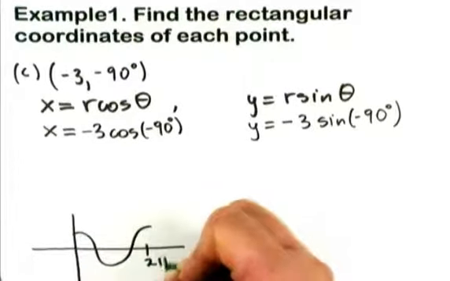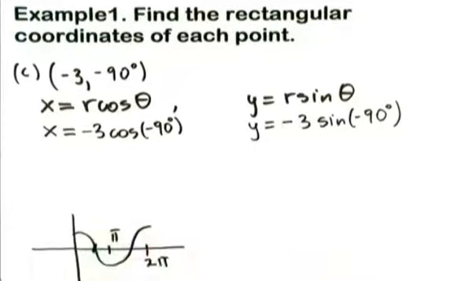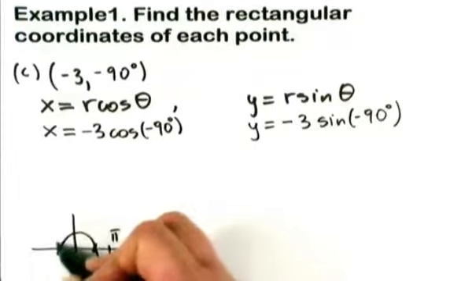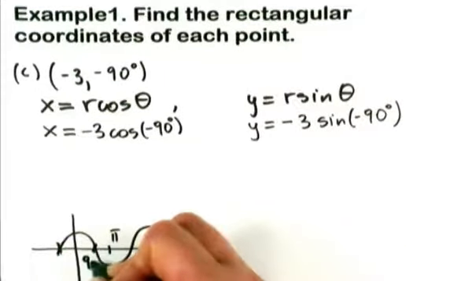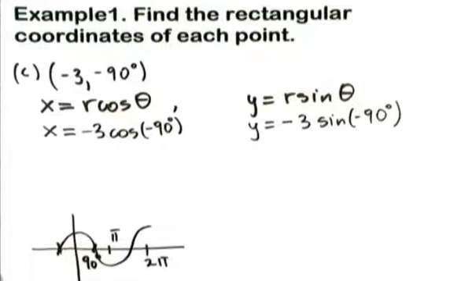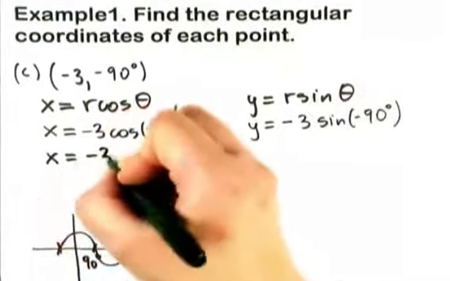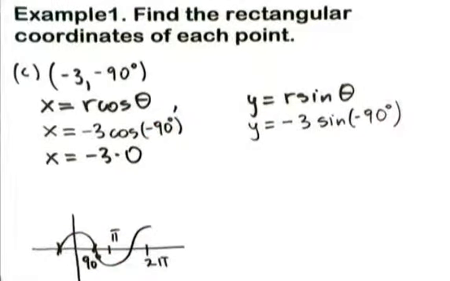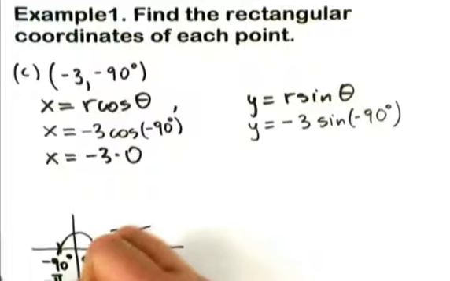Here is 2 pi, here in the middle is pi, so pi over 2 is right here, and now I'm going to negative. 90 degrees is pi over 2, right? So this one is 90 degrees, so this value is 0. So we have that x is equal to minus 3 times 0. Here is the angle minus 90 degrees, or minus pi over 2.